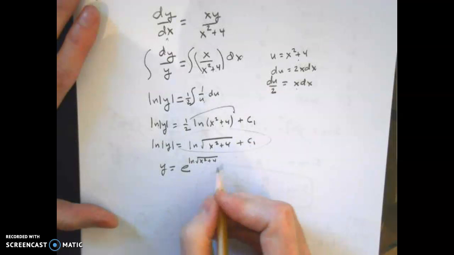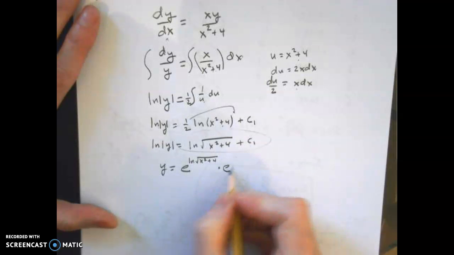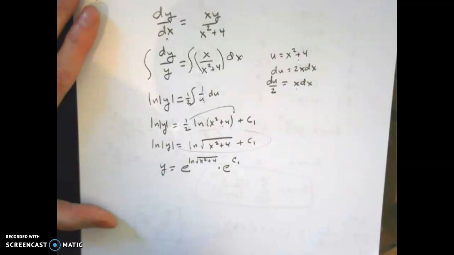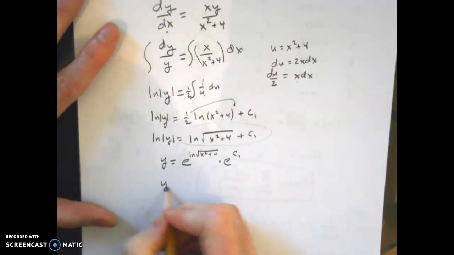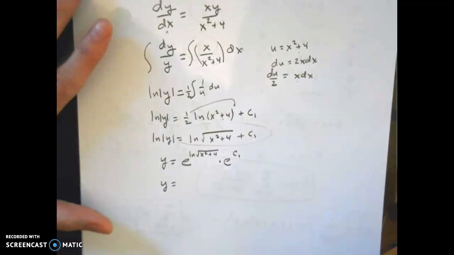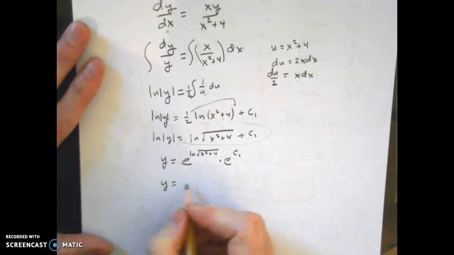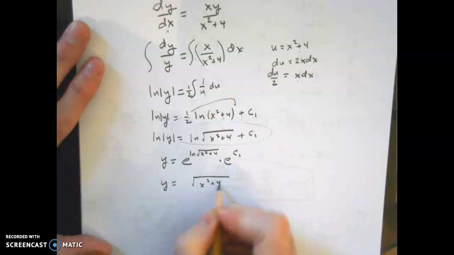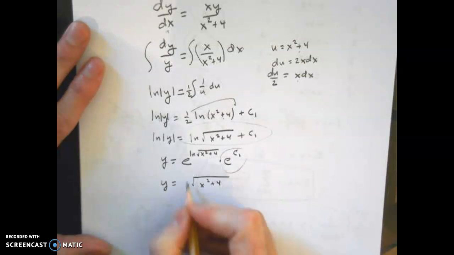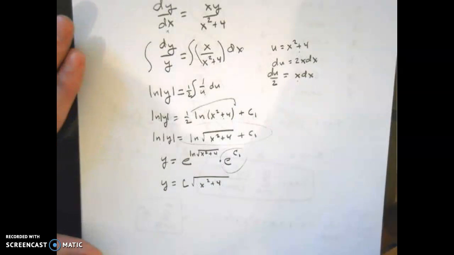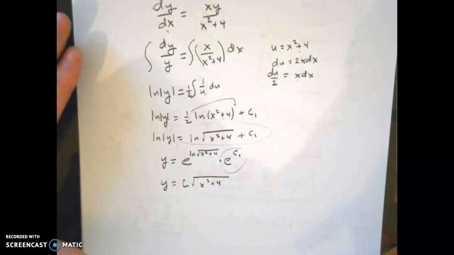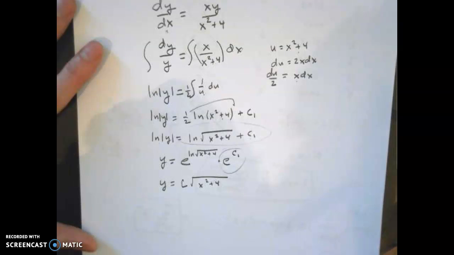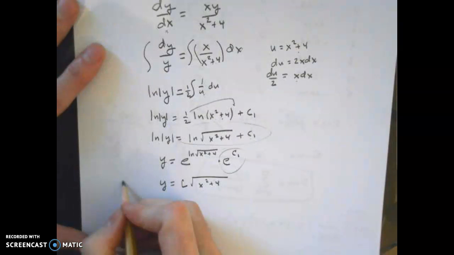But if there's a plus c up here, we could say times e to the c1, which just becomes its own constant. So y equals e to the natural log of the square root of x squared plus 4, times this thing, which is a constant, so we'll just call that c. And that is the answer for part A.